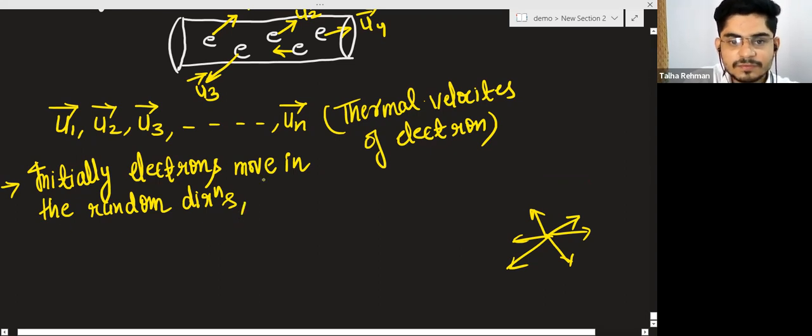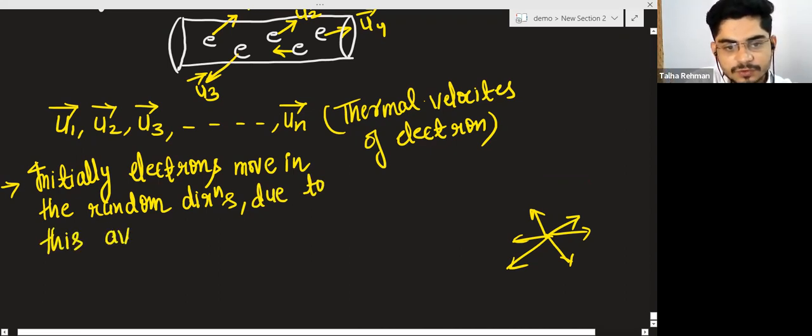So from here, due to the random direction, the average thermal velocity of electron is 0.